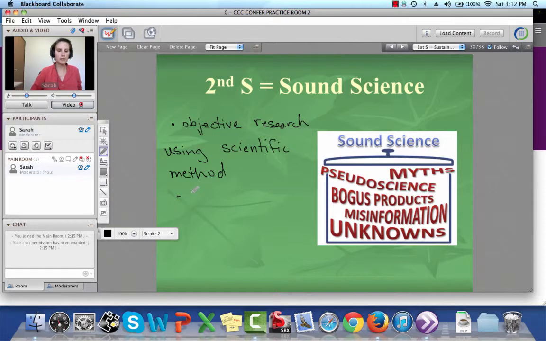So it's doing solid data collection, collecting multiple sets of data, analyzing. And another key is repeatability. Okay, in sound science, basically scientists use the scientific method, which we're going to talk about in just a moment here, and they come up with a concept.